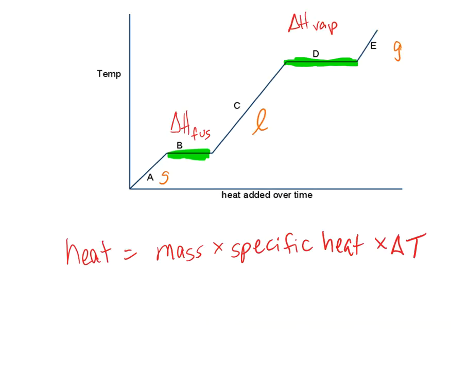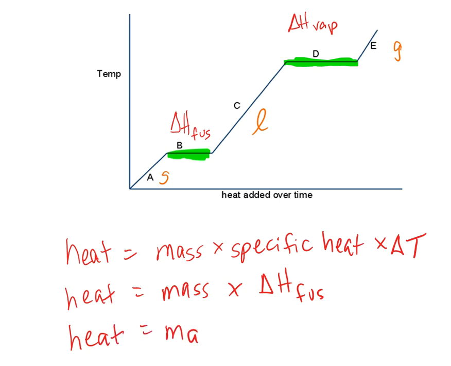So if you're within one phase, you'll use the mass times specific heat times the change in temperature. If you're dealing with the substance melting, you're going to use the mass times your heat of fusion. If you're dealing with the substance boiling or vaporizing, then you're going to use mass times the heat of vaporization.